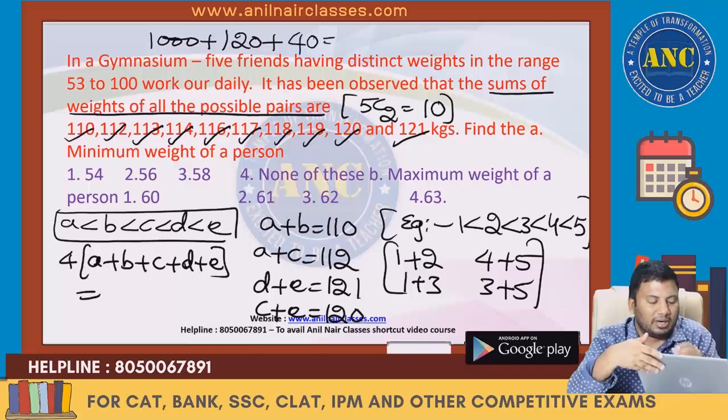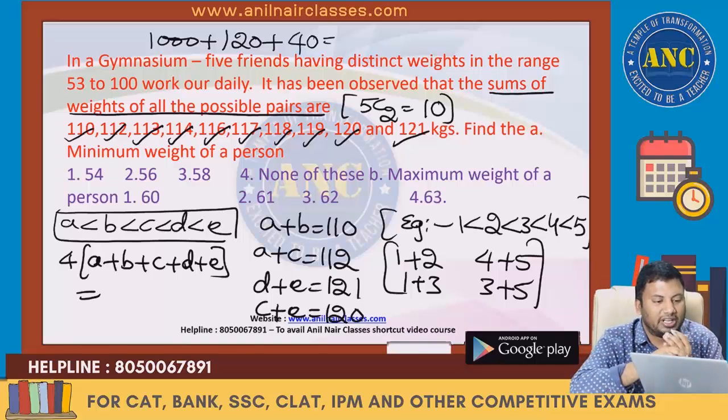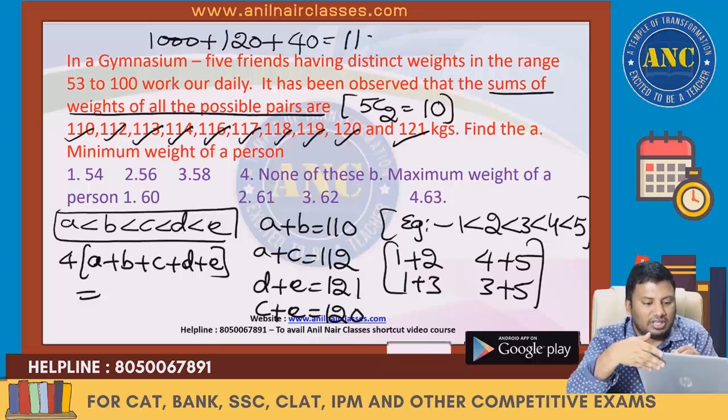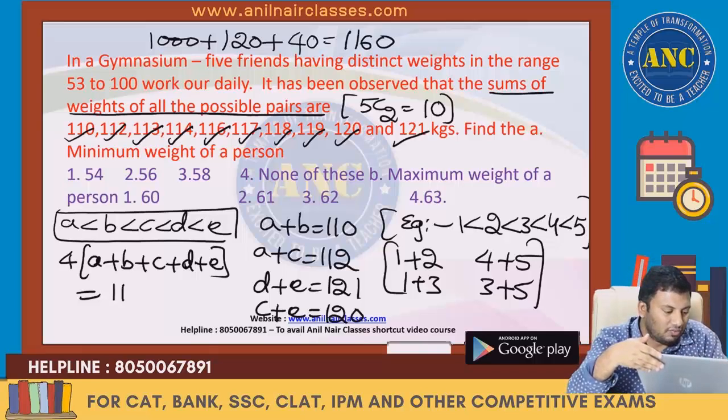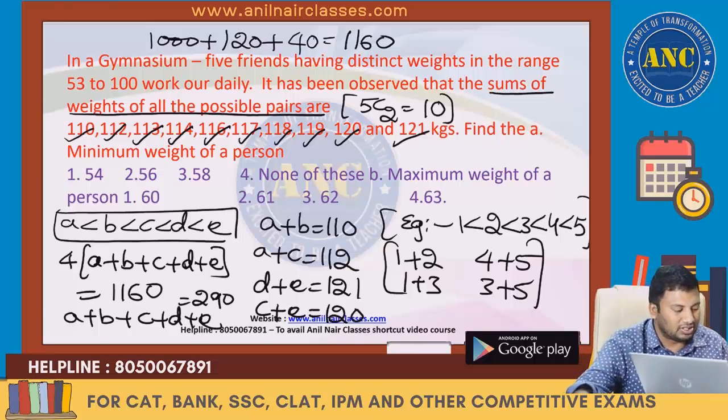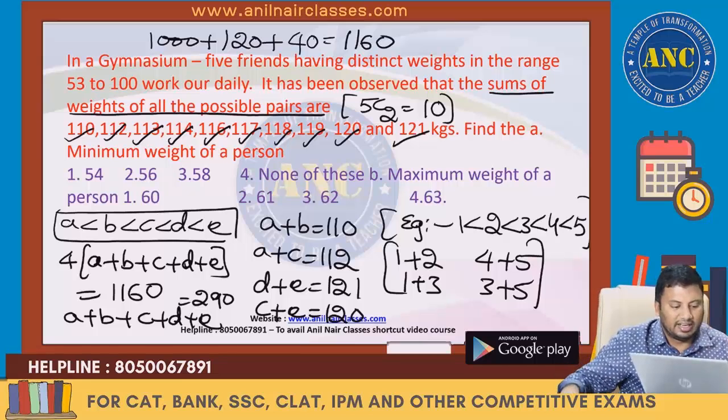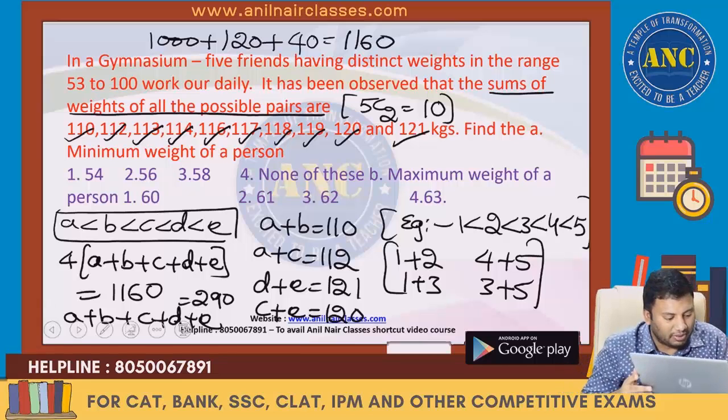I hope it is clear, right? So these are nothing but 160, 1160. So A plus B plus C plus D plus E is nothing but 290. From here, all the values you will get.